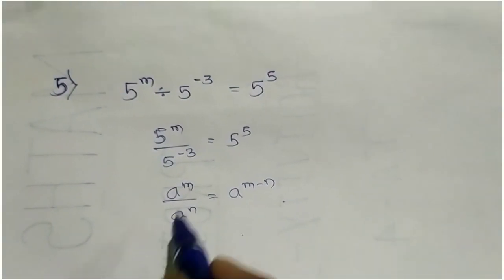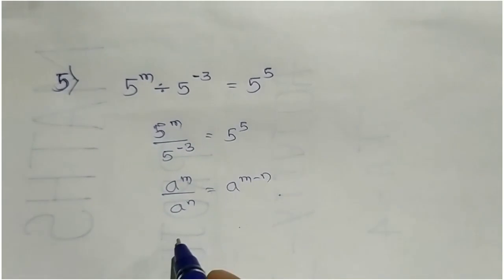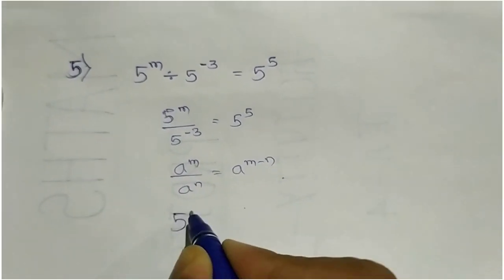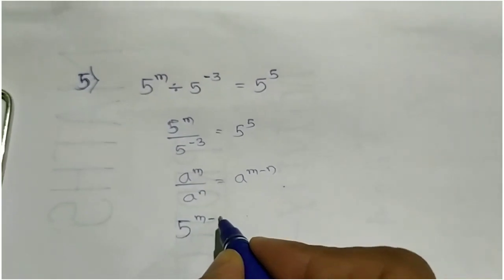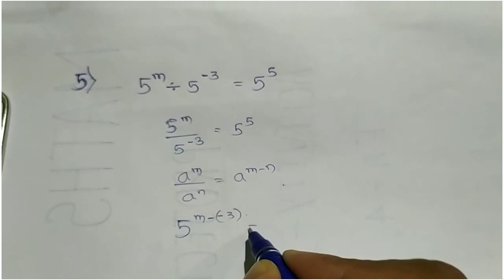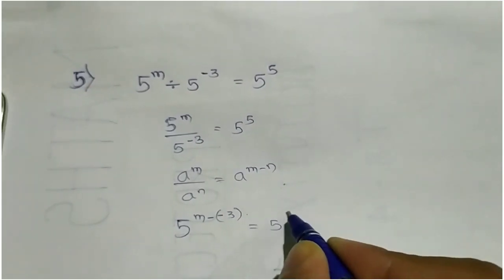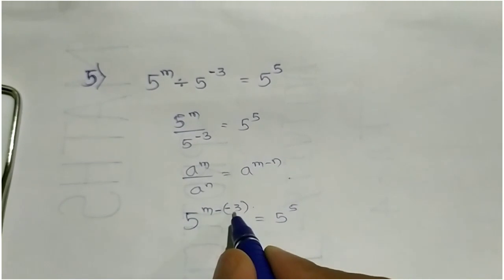So now applying this law of exponents to the given problem, that becomes 5 power m minus, already minus is there, so I will write it as minus of minus 3 equal to 5 power 5. Okay, so now equating only the powers.